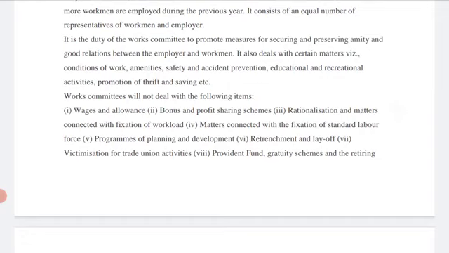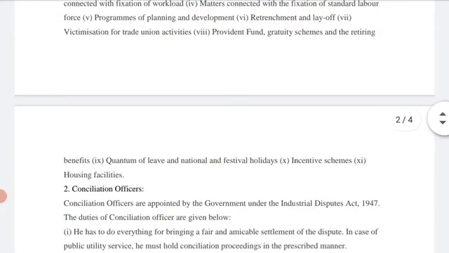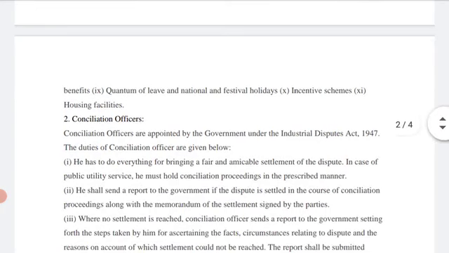Okay, these things are not included: wages and allowance, bonus and profit sharing schemes, rationalizations and matters connected with fixation of workload, matters connected with the fixation of standard labor force, programs of planning and development, retrenchment and layout, victimization for trade union activities, provident fund, gratuity schemes, and the retiring benefit, quantum of leave and national and festival holidays, incentive schemes, housing facilities.